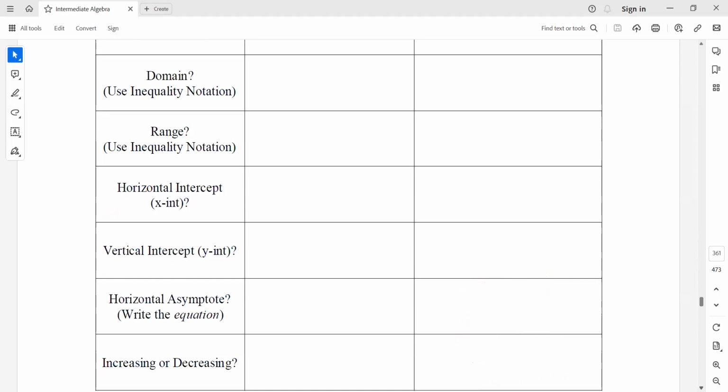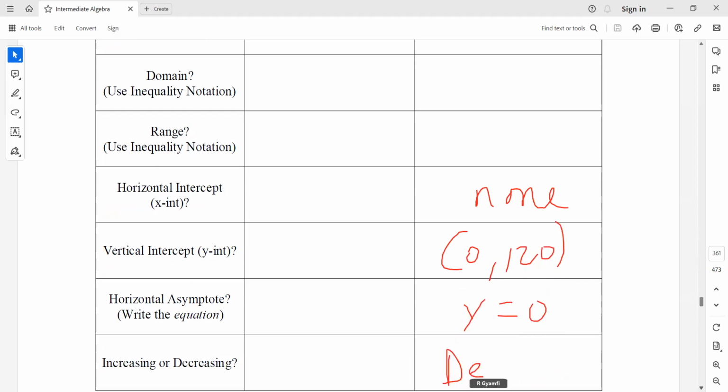G of x is greater than 0. What is the horizontal intercept? None. Vertical intercept is 0, 120. The horizontal asymptote is y equals 0. It's decreasing. That's it.